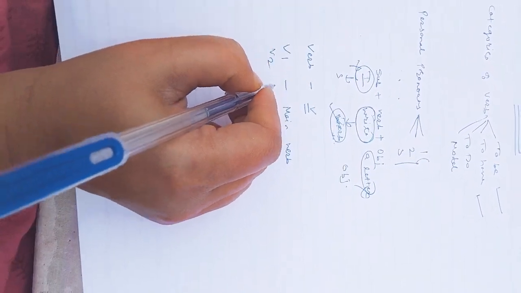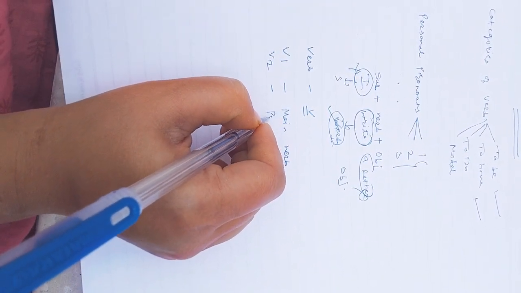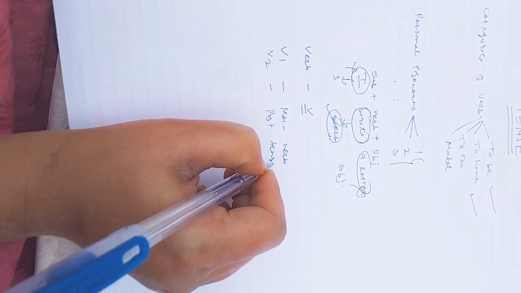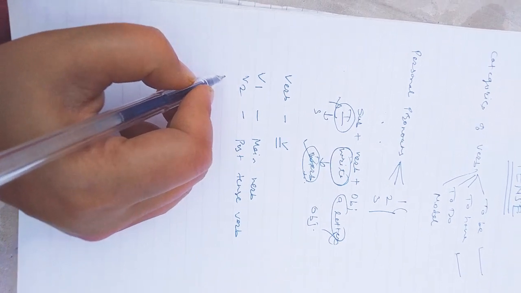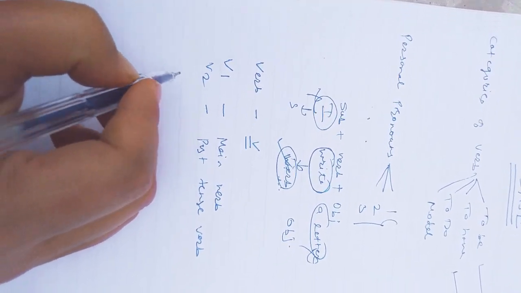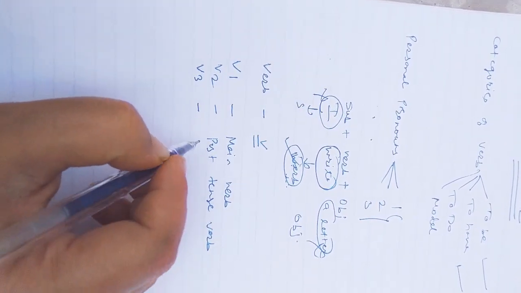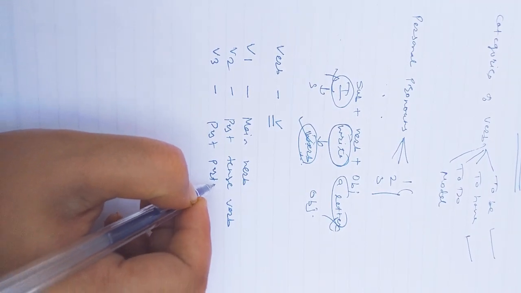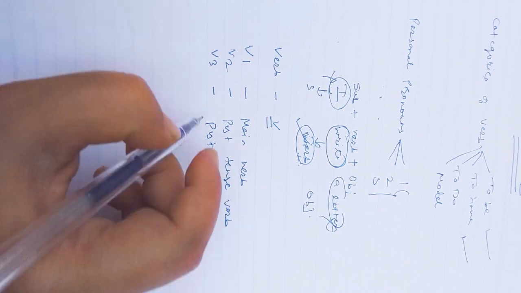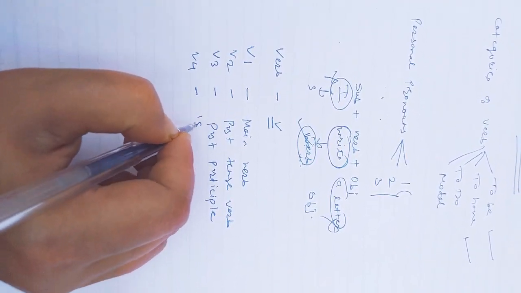V2 means past tense verb. V3 means past participle verb. V4 means S form to main verb.